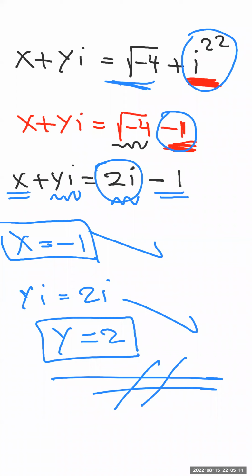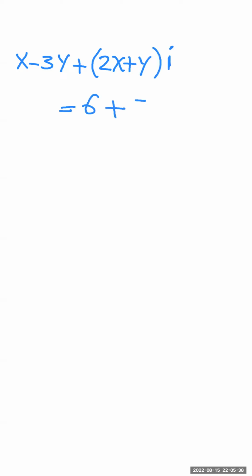Another question? No. Okay, one more question. x minus 3y, plus, between two brackets, 2x plus y i, and this one equals 6 plus 5i.